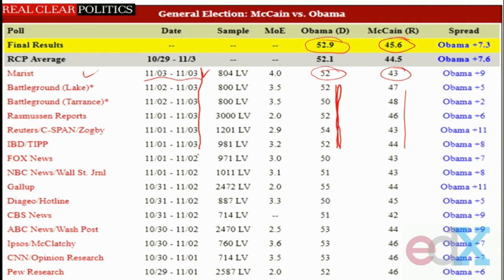Here are some that were done like 2 days before, and these were 3 days before. So here are the various polls, a number of them. Now, what Real Clear Politics did is it takes an average of all those polls and came out with 52.1 for Obama and 44.5 for McCain. I don't think you can get much closer than that.